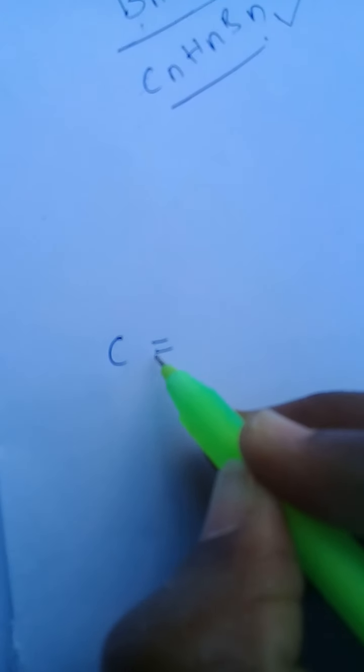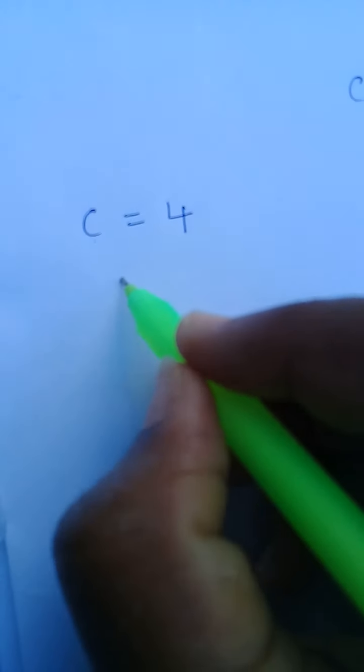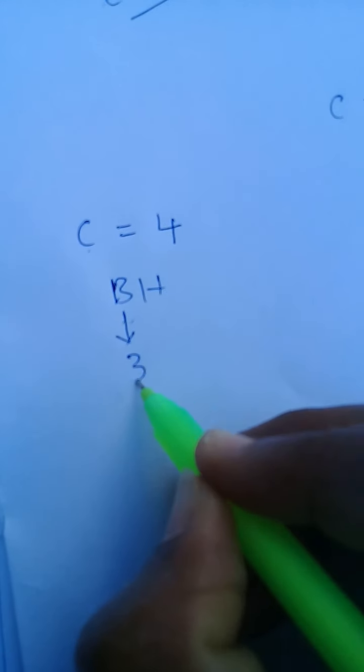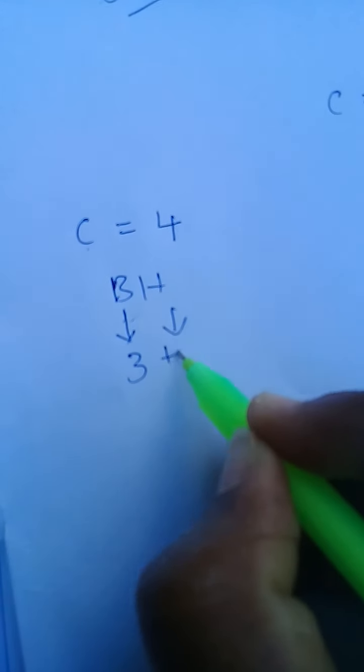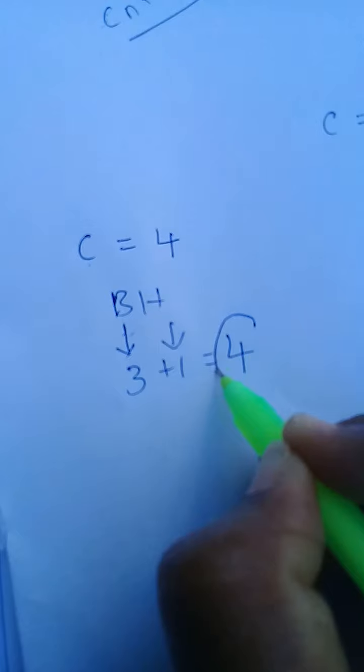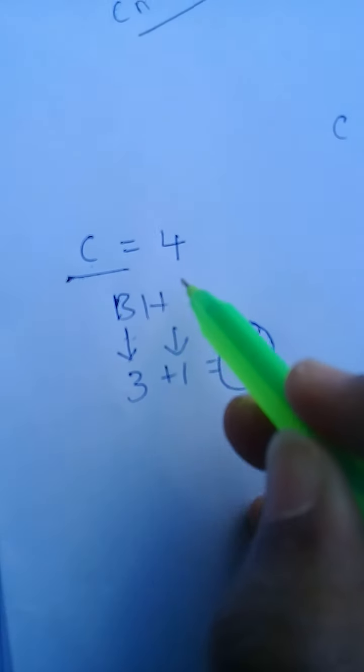Suppose, for example, carbon has valence electrons 4, and for BH, boron valence electrons 3 and hydrogen valence electrons 1, total 4. So in the place of carbon we take BH.